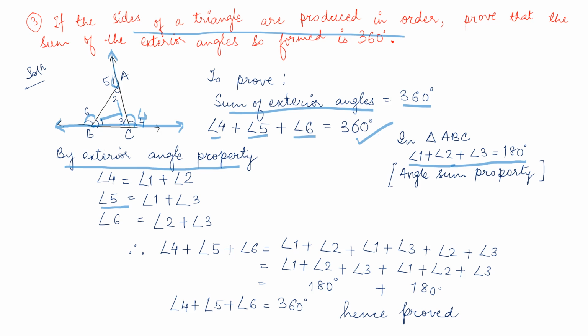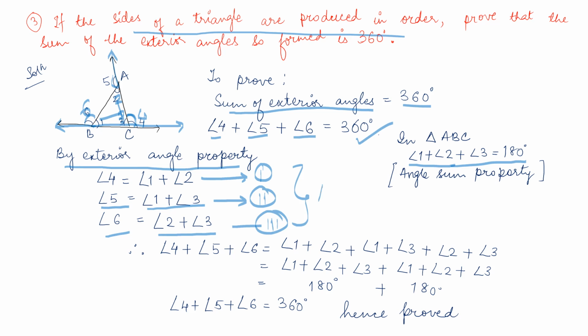Similarly, angle 5 will be equal to angle 1 plus angle 3 and angle 6 will be equal to angle 2 plus angle 3. Angle 6 is angle 2 plus angle 3, isn't it? Now I call this equation 1, this equation 2 and this equation 3.